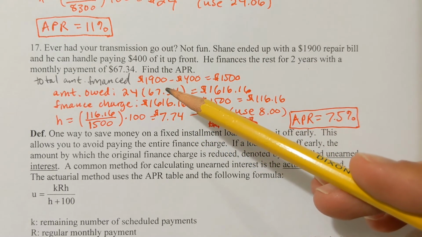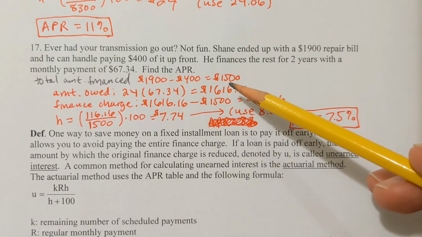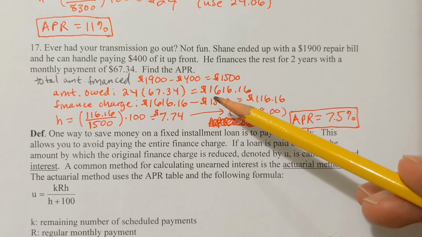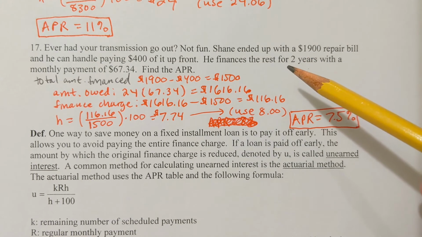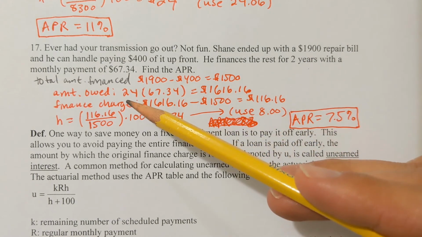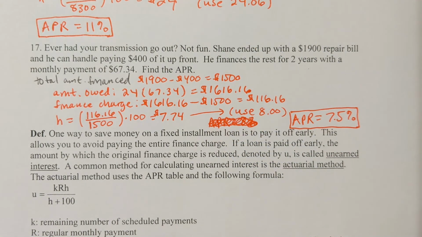The total amount that he's financing, he paid $400, which is smart. So he still owes $1,500, and the plan is to pay this back in 2 years, making monthly payments. So that'd be 24 months of $67.34.